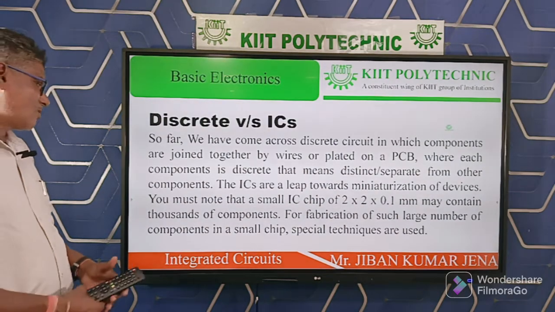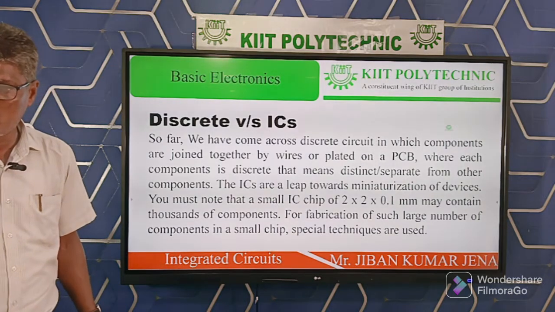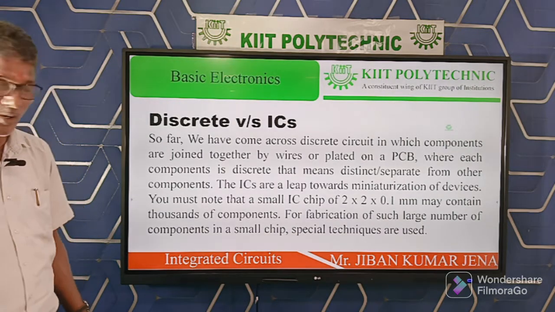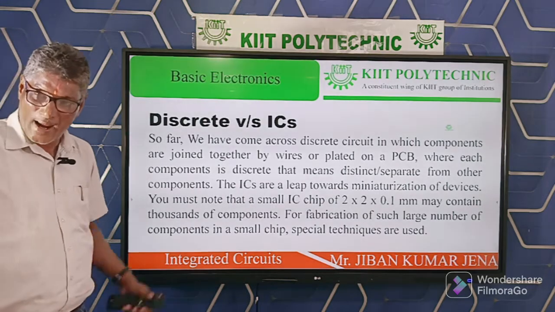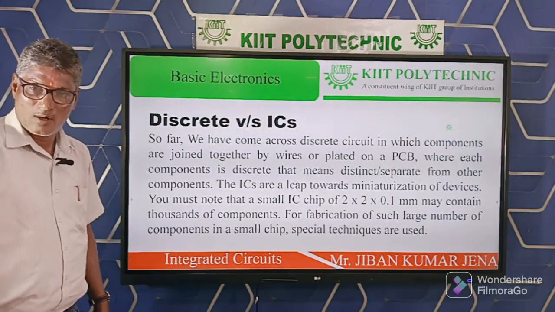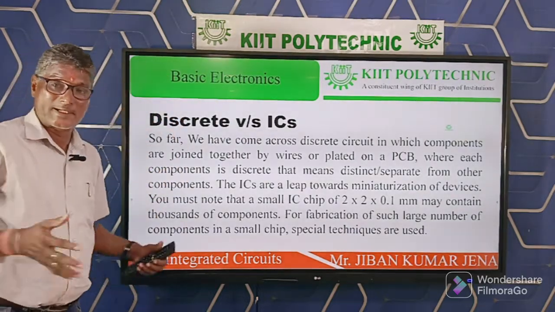It means what? You have seen the PCB, whose full form is printed circuit board. Various components can be wired and soldered, and this is seen in the case of a discrete circuit.